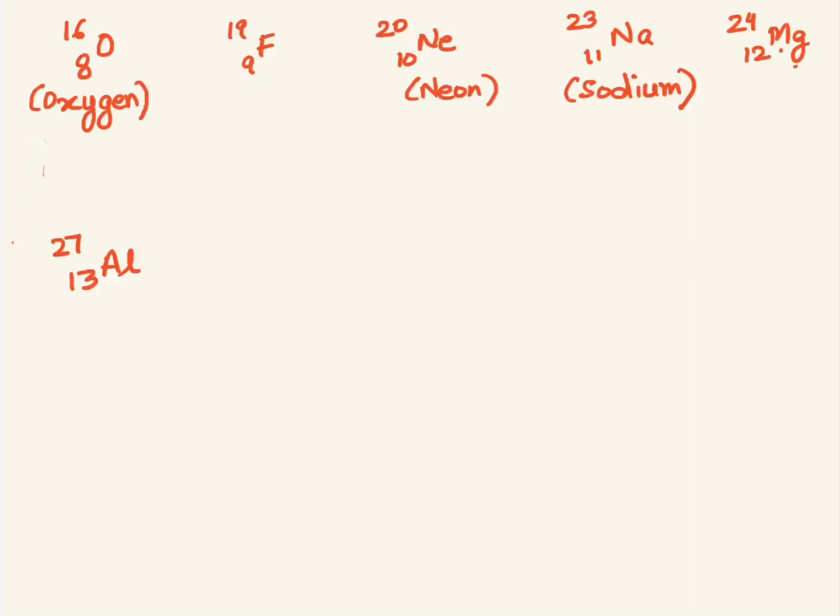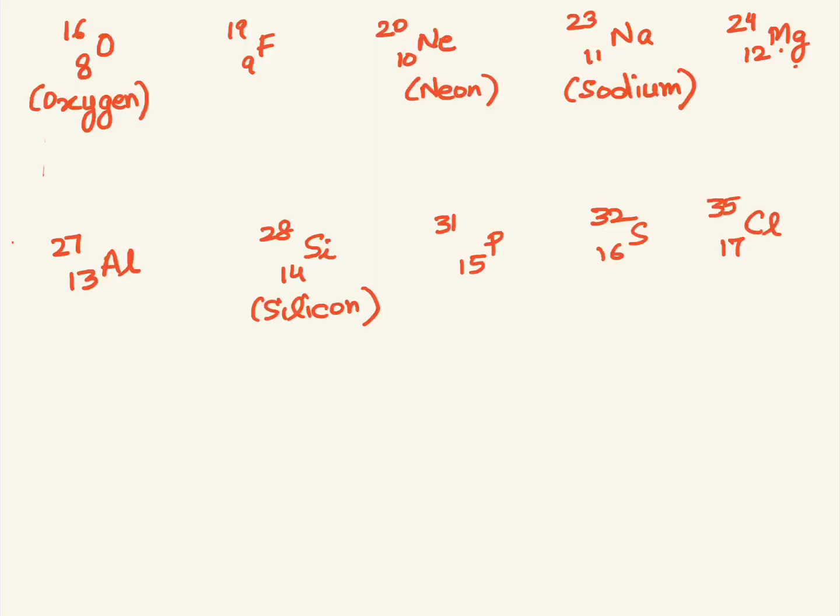So 13Al27, 14Si28, 15P31. So this is silicon, this is phosphorus, 16S32, that's our sulfur, 17Cl35, our chlorine with the isotopic form 35.